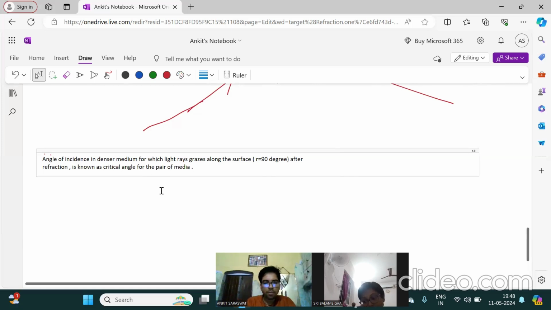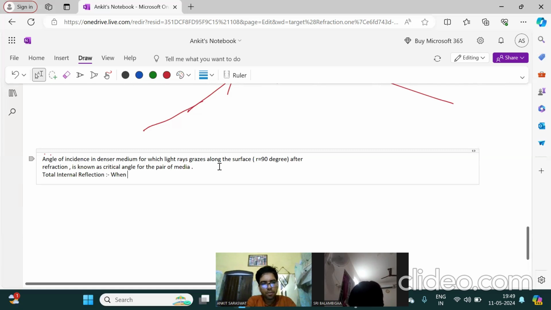Clear? Now write down the heading total internal reflection. Write something about this.